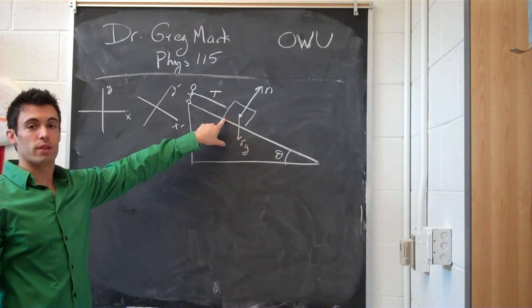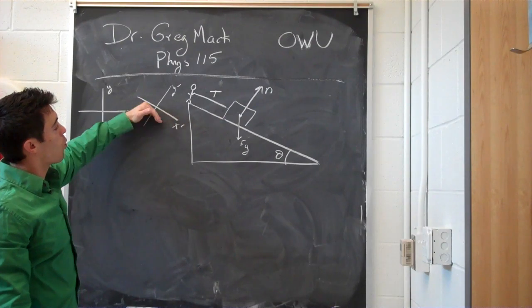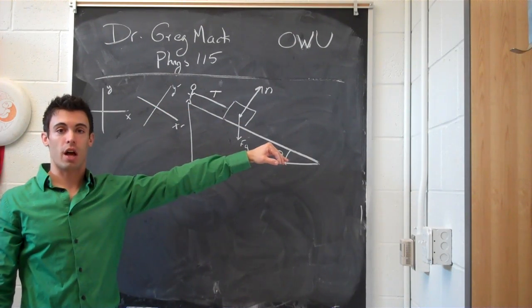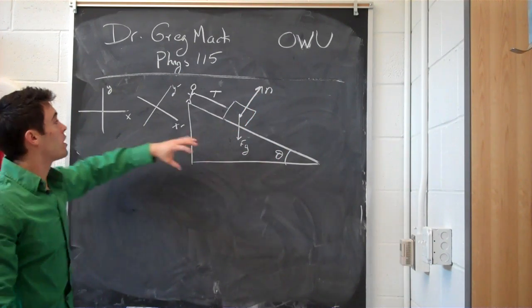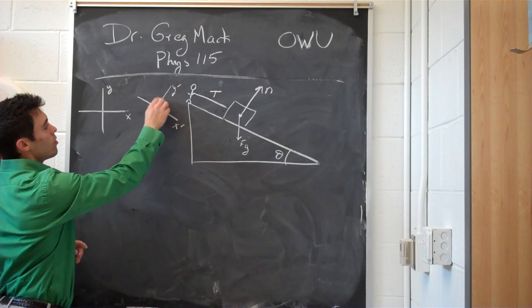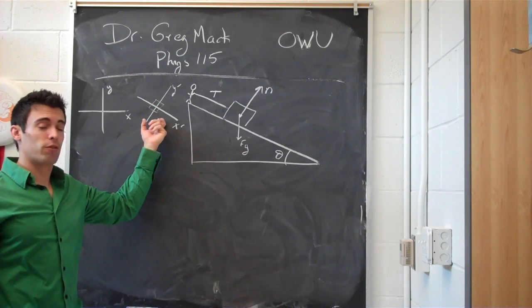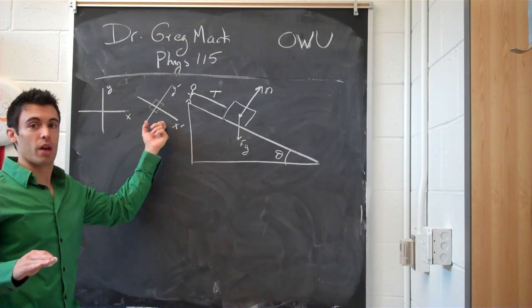So we are always going to be doing that whenever we deal with inclined plane problems. We're always going to be looking at the coordinate system that lies with one axis along the incline and the other one perpendicular to it, because it makes the analysis so much better. And as long as you always have these two things being perpendicular, you're good. As long as you're consistent for the whole problem using it that way, it's completely legit to do that.